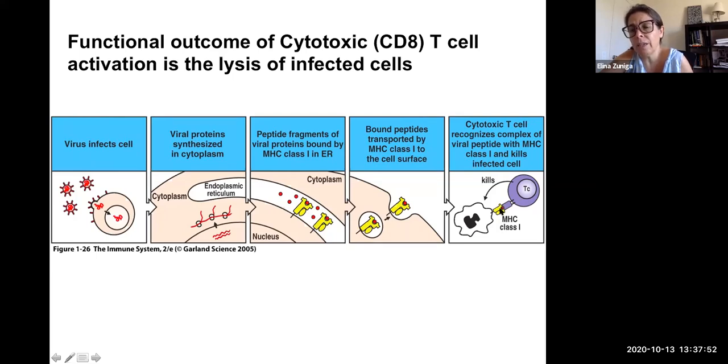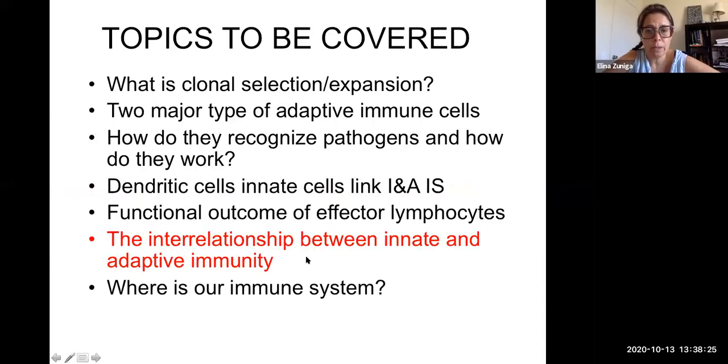Again, because any cell in our body expresses MHC class I molecules, not only cells of the immune system or antigen presenting cells, any infected cell can be recognized by an effector CD8 T cell. Once the CD8 T cell is effector, it can recognize any cell in our body that is presenting MHC class I molecules with their specific antigens.